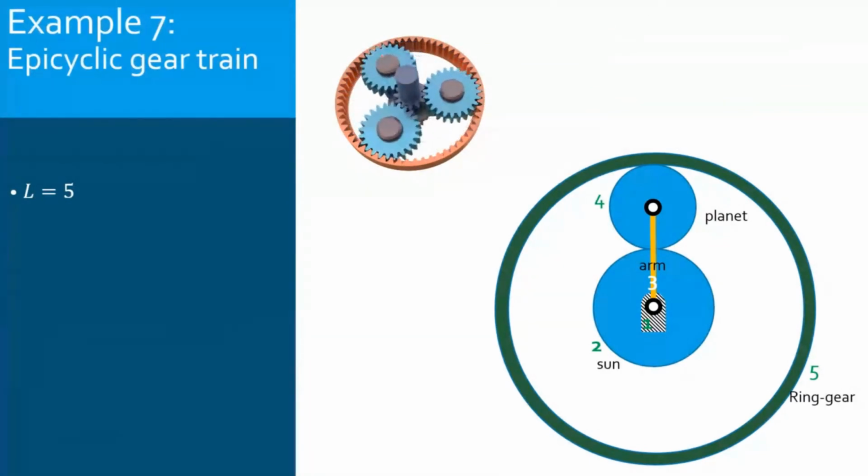This planet gear has a general motion. So the sun has a fixed axis rotation, the ring has a fixed axis rotation, but the planet has a general motion. Here there are three planets, but let's focus on the example.